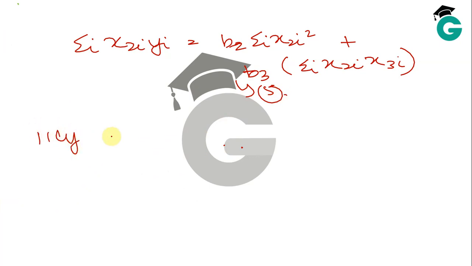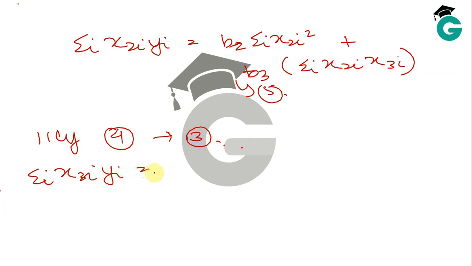And similarly, if you were to substitute 4 in 3, what you would get is as follows: summation i x3i yi equals B2 summation i x3i x2i, plus B3 summation i x3i squared.